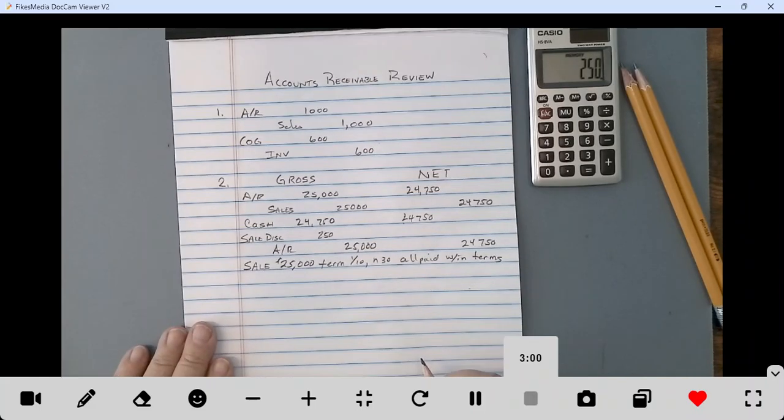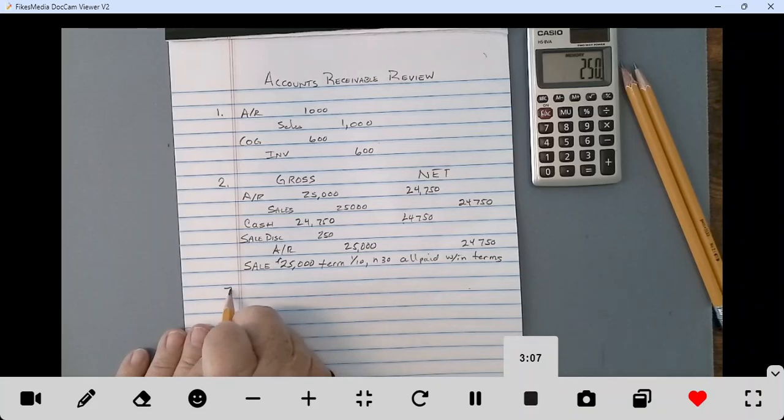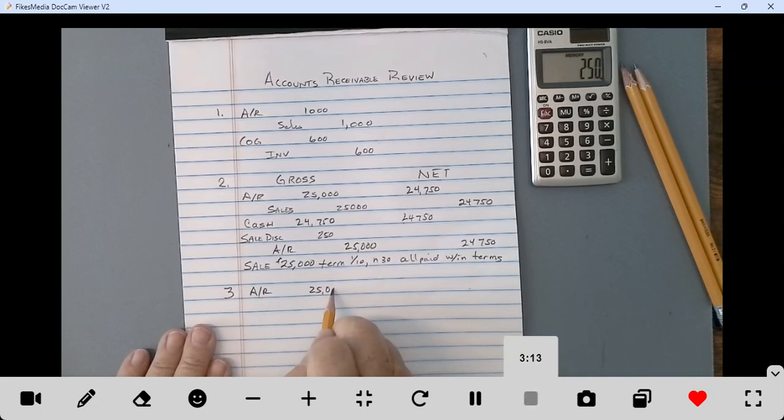Okay. What if they don't pay within terms? Okay. Accounts receivable, 25,000. Sales, 25,000.